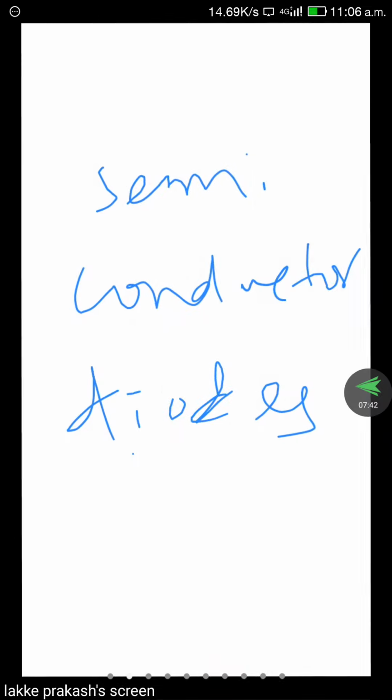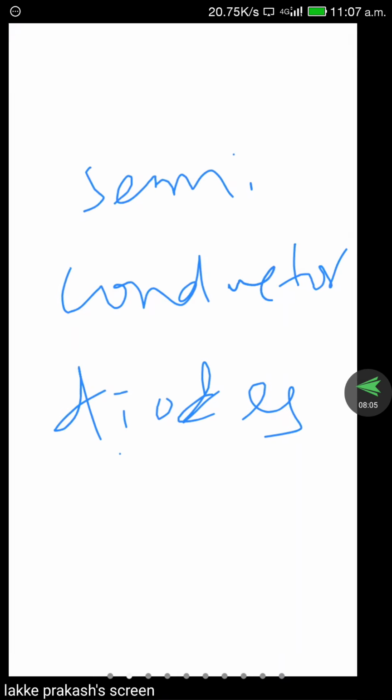Okay, semiconductor diodes. In these semiconductor diodes, we need to know about semiconductors. The semiconductors are solid materials which are neither good conductors nor bad conductors of electricity.